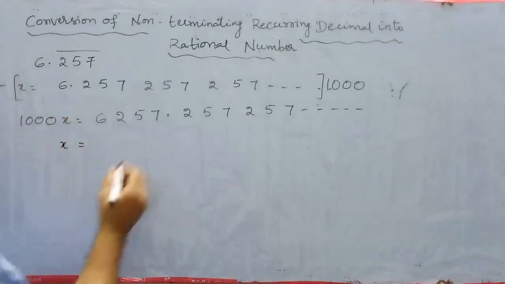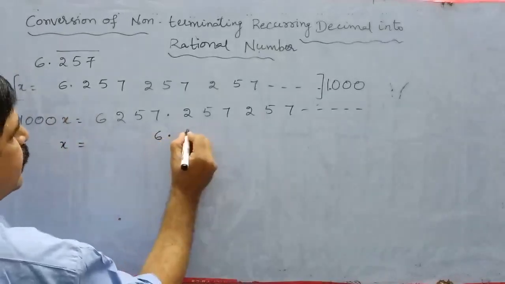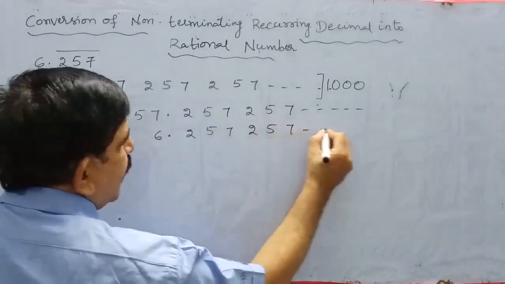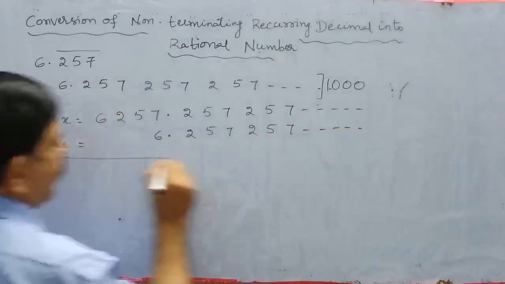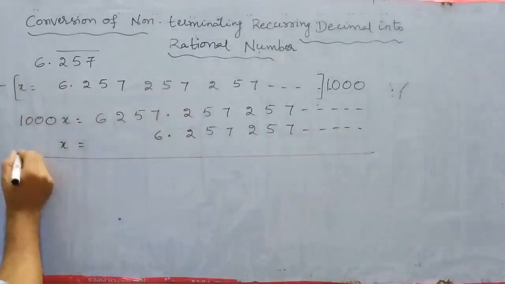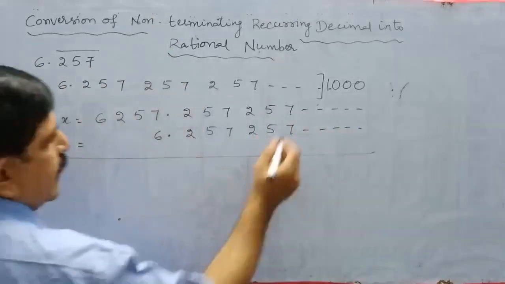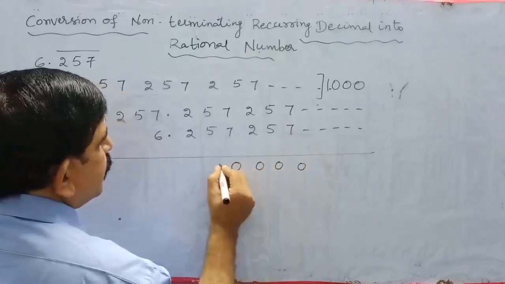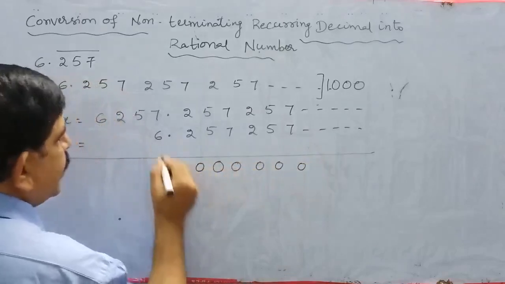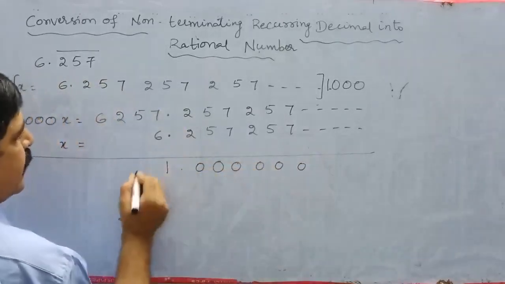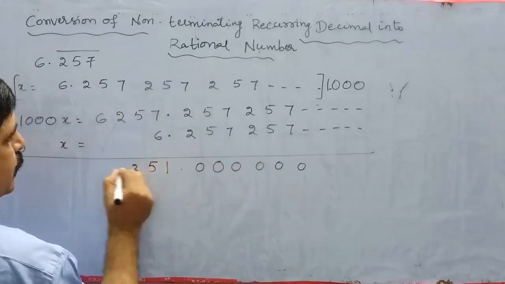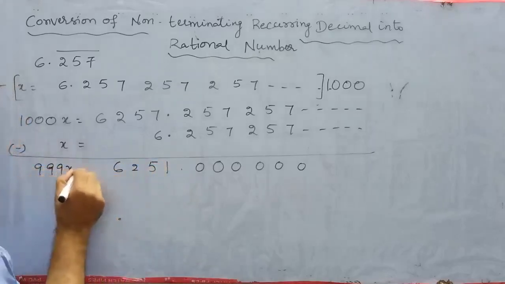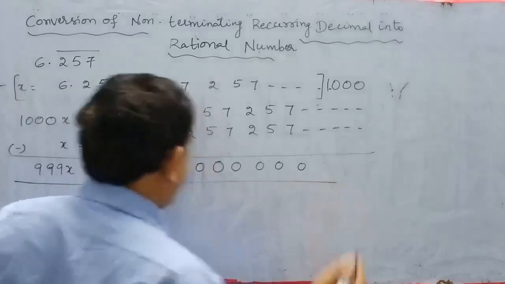Next write x here, x is equal to 6.257 and so on. Subtracting, we get 999x is equal to 6251.